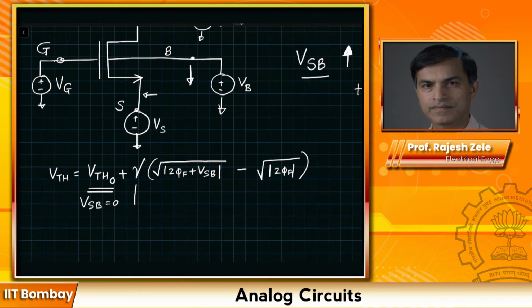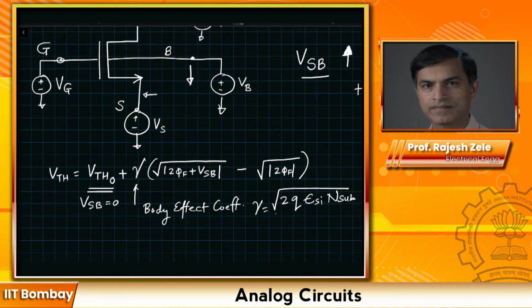Gamma is a body effect coefficient, given by square root of 2q epsilon Si n sub divided by Cox. So gamma is a technology dependent parameter, and it ranges from 0.3 to 0.4 volts, square root of that.